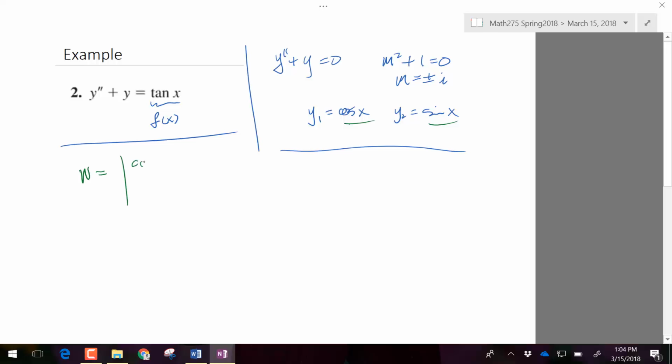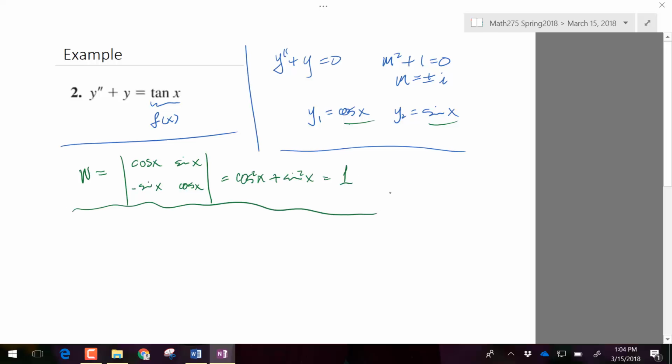So we'll list the cosine and the sine, and then we'll need to take the derivatives. The derivative of cosine is negative sine, and the derivative of sine is positive cosine. And then when you find the determinant of this, it's going to be cosine squared minus negative sine squared x, and that's just 1. So that's always nice when your W is a constant.